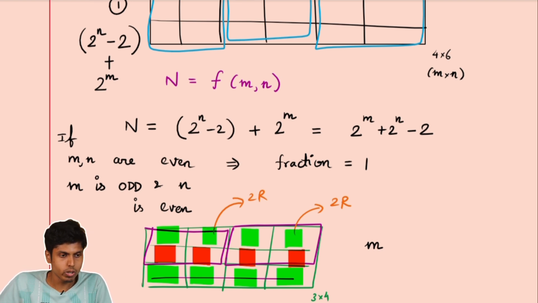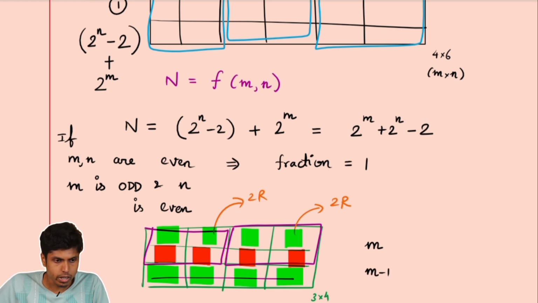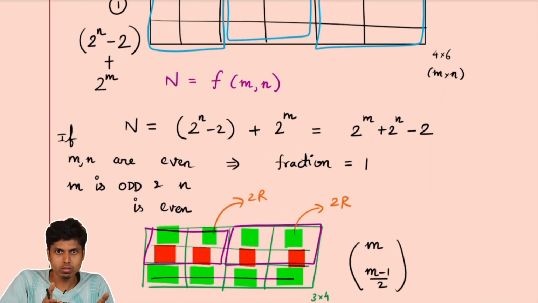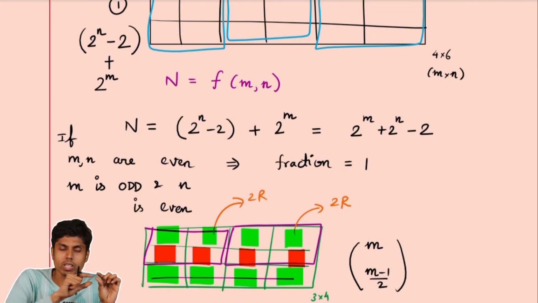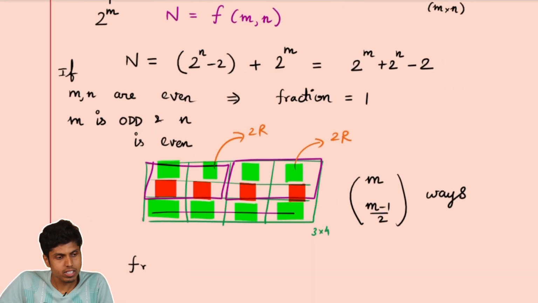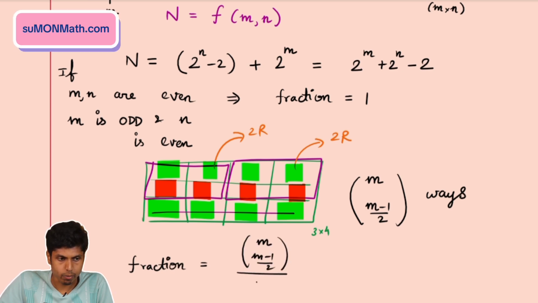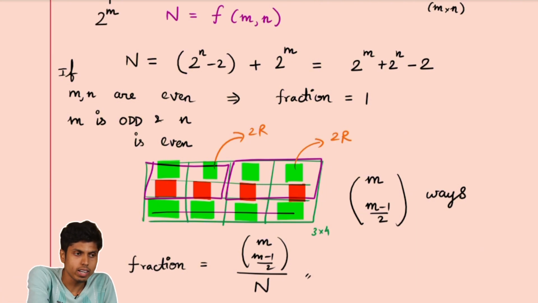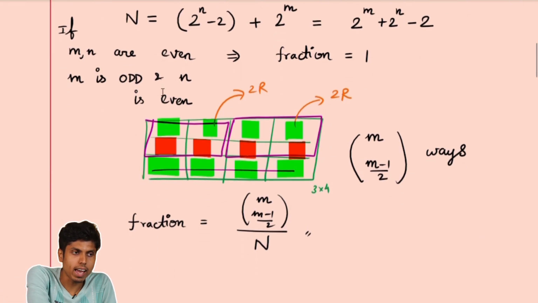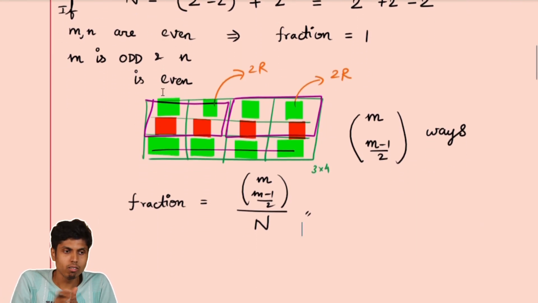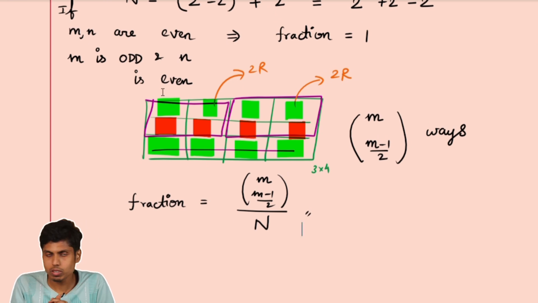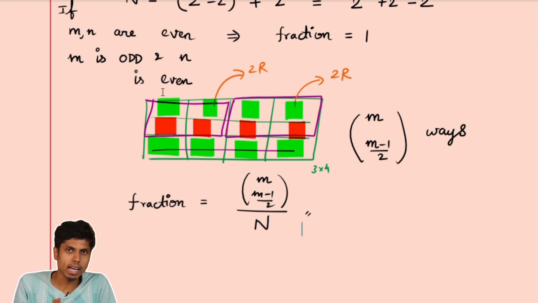So you are going to have m choose (m minus 1)/2 ways of doing this, because you are going to choose (m minus 1)/2 rows for inserting all red. So here the fraction is thus m choose (m minus 1)/2 divided by capital N. Alright, the last, and of course m being even, n being odd, would yield n choose (n minus 1)/2 divided by capital N.